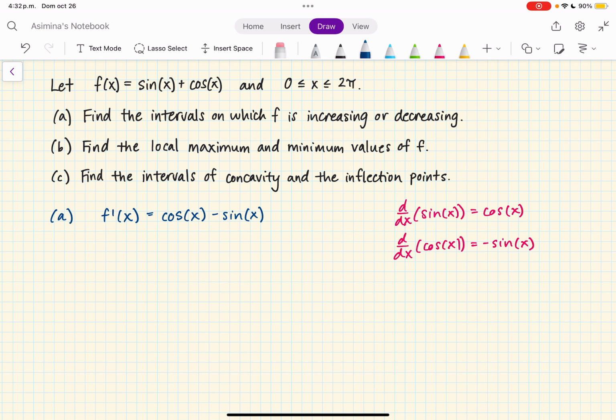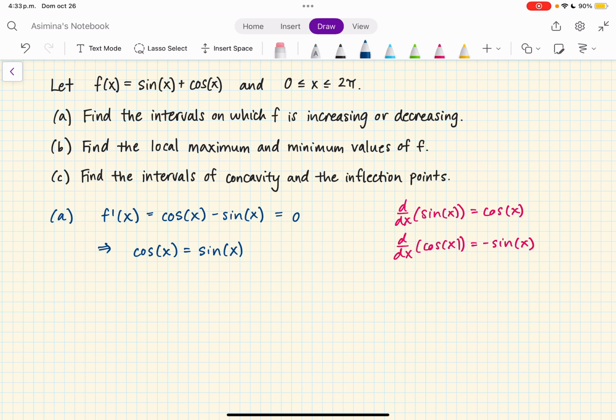Now we want to set this equal to 0 and find the values of x that allow this to happen. So I can add sine of x to both sides and get cosine of x equals sine of x. Now what does that tell me? That tells me the values of x for which cosine of x equals sine of x are the critical numbers.